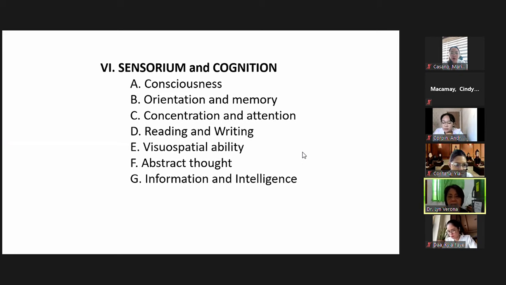Then you have your orientation as to place. When you are in front of your patient, having a clinical interview with your patient, you have to ask about orientation to place. So how would you test that the patient is oriented to place?